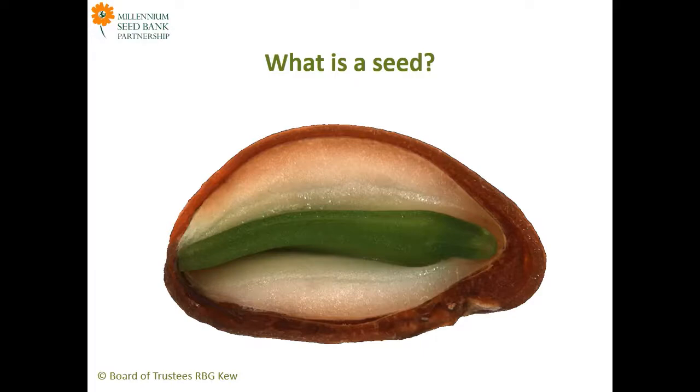With all this variation, there is still a general structure for seeds. Here you can see a cross-section of one, and it's made up of three main sections. The embryo, which is essentially the thing that becomes the new plant. The endosperm, which is a form of stored nutrition that feeds the growing seedling.